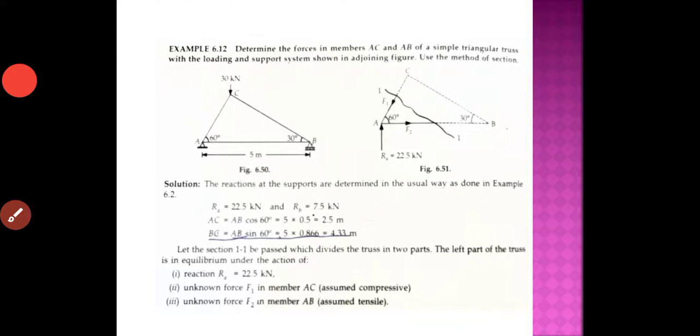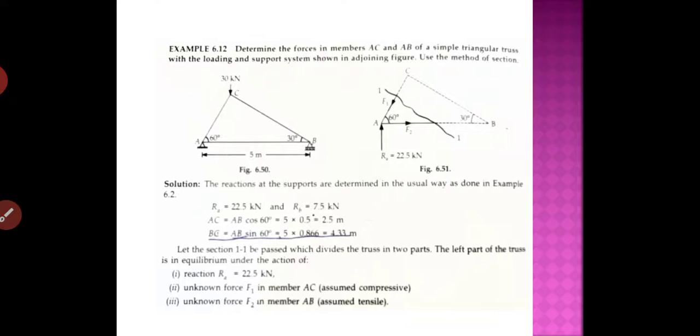Now, take this. This was example 6.2 when we were dealing with the method of joints. Same truss system, that is, a simple perfect truss of 3 members. The A end is pin jointed and the B end is roller supported; the A end is hinge supported.